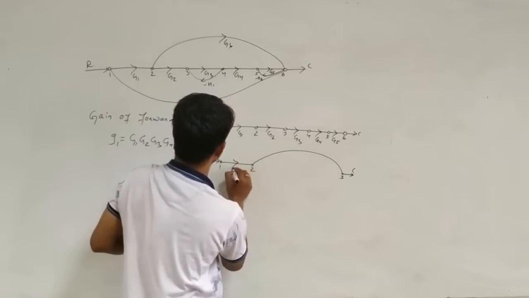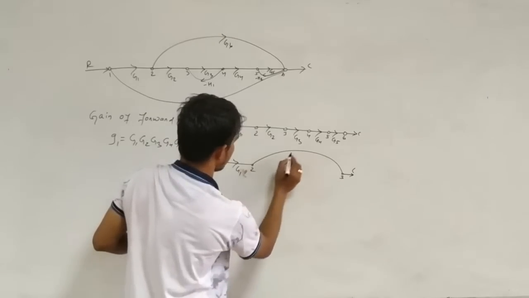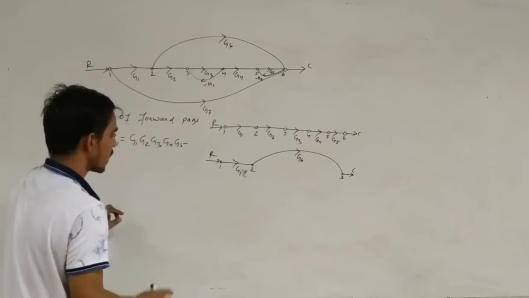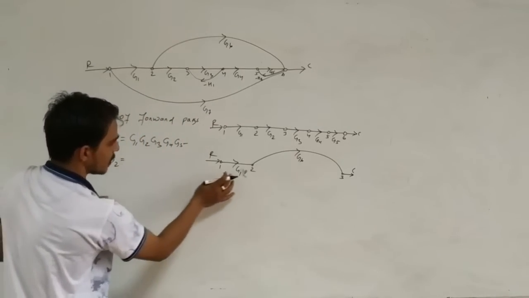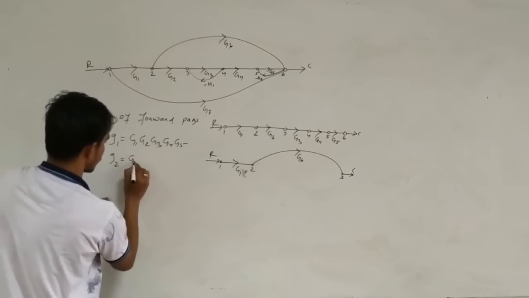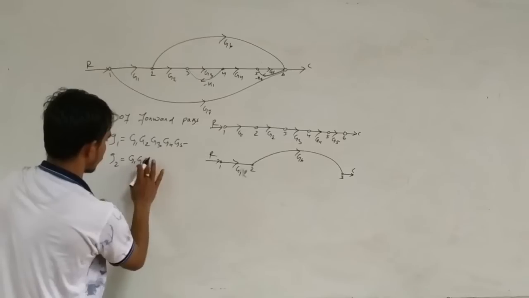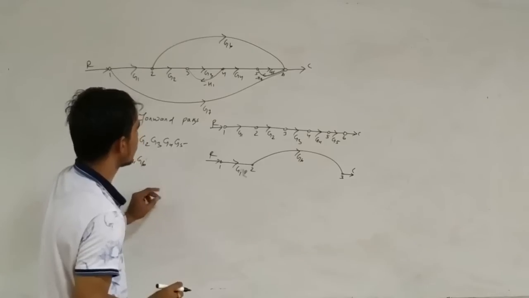And this is G1, and this is G6. Okay, so gain of second forward path, suppose say P2, P2 equal to what? G1 and G6.